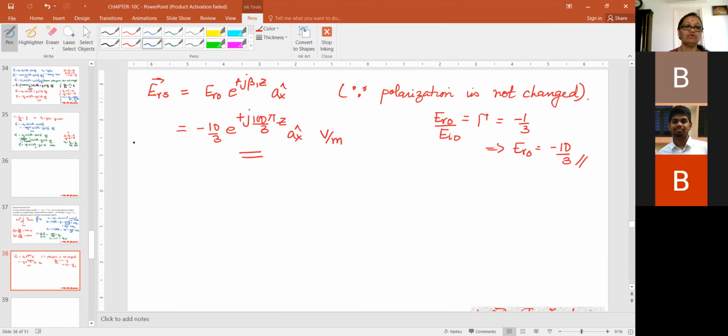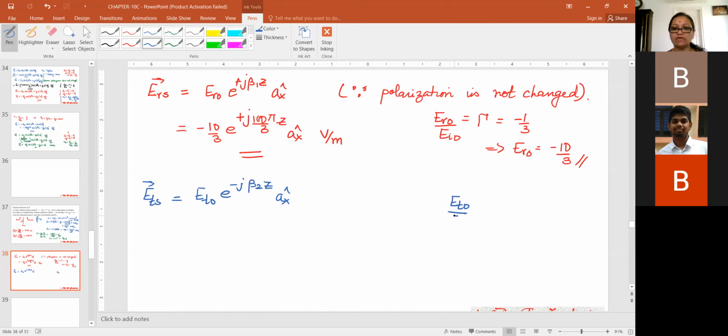Okay, what is the next thing we need to do? We have to find out ETS. What will that be? ET naught e to the power of, it is in the same z direction after transmission, so what do I write? Minus j, then it is another medium, so beta 2 z, along the ax cap direction. Now what will be ET naught?